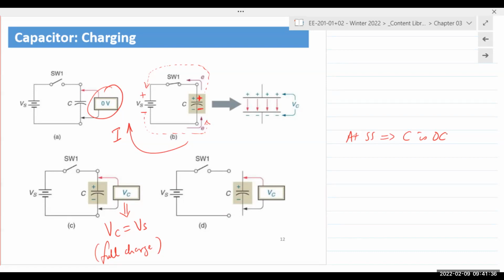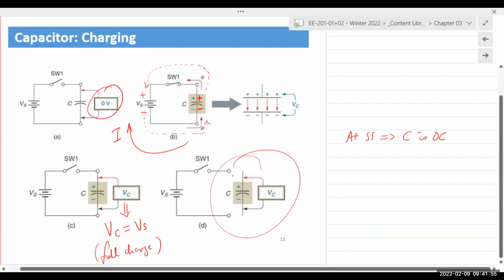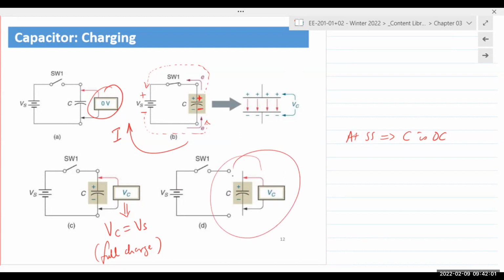Because what we want to analyze is by using the terminals of the capacitor, right? For every circuit, do not get bogged down in the device operation. Okay, so when it's fully charged, you can remove the capacitor from the circuit itself, and it will hold its charge indefinitely.